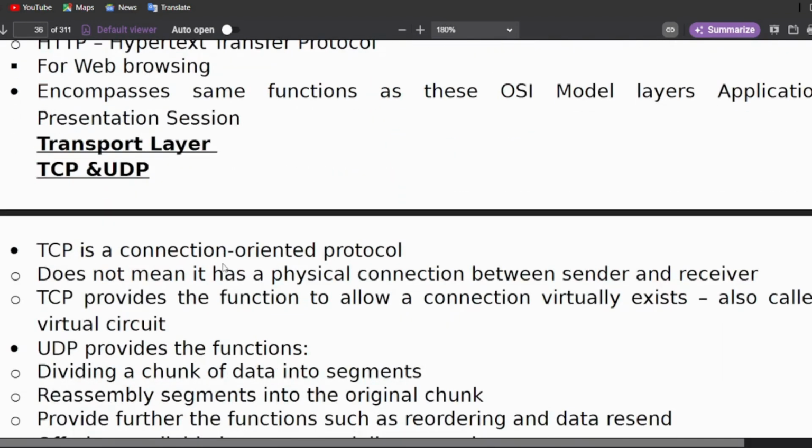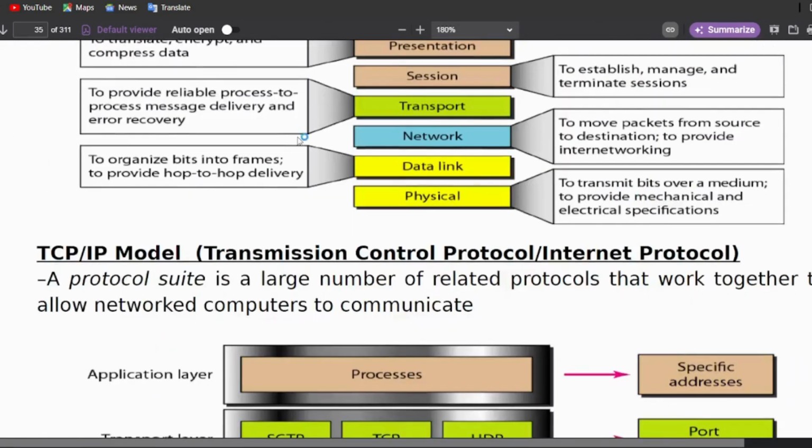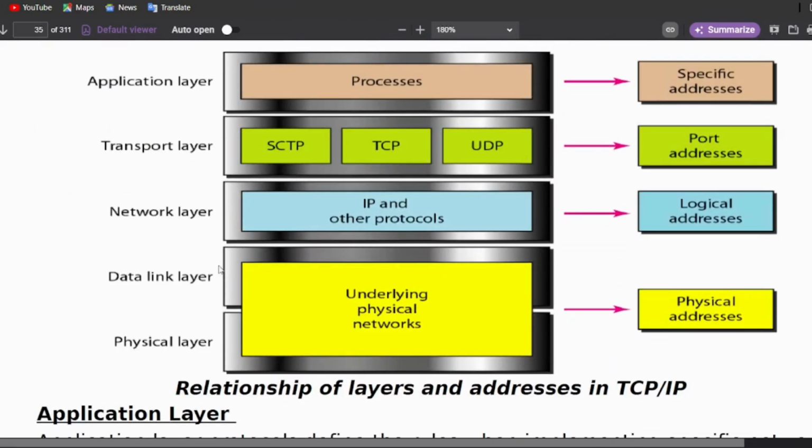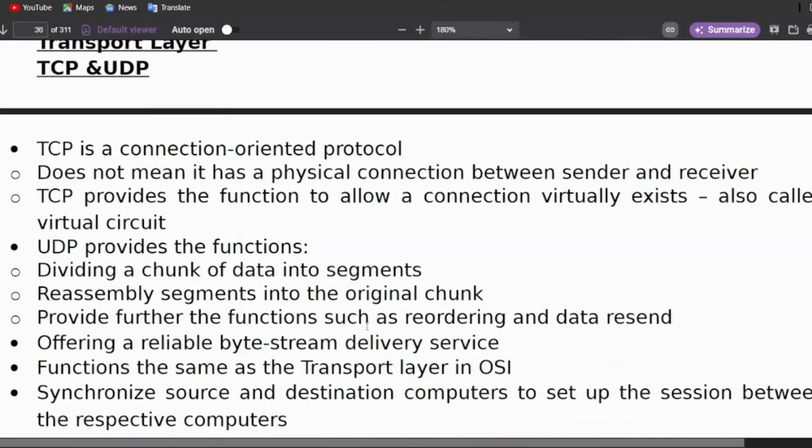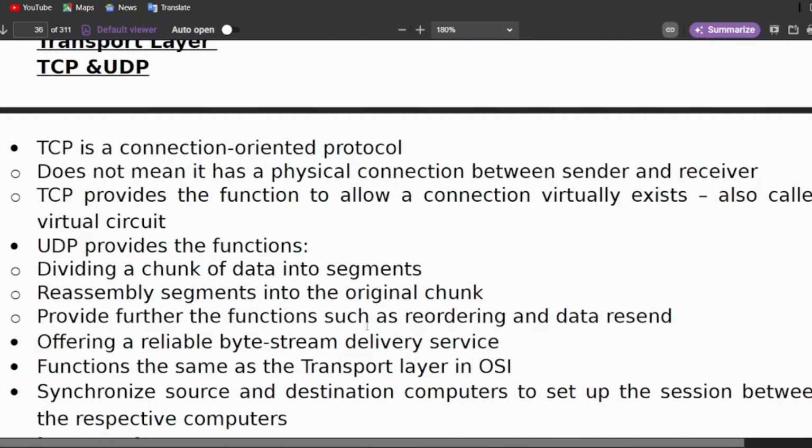We have the transport layer. So we saw the application layer; now in the transport layer we have TCP and UDP. TCP is a connection-oriented protocol. What connection-oriented means: we always think of a wire cable connected, but it does not mean that there is a physical connection between sender and receiver. TCP provides the function to allow a connection virtually, by using virtual circuits.